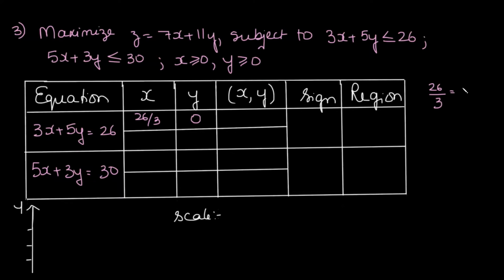We know that 3 8s are 24, and 24 plus 2 is 26, so 2 comes as a remainder. So 8 and 2 upon 3 becomes a mixed fraction. That means this particular point 26 upon 3 lies between 8 and 9 on the x-axis. So that is what we will be considering over here.